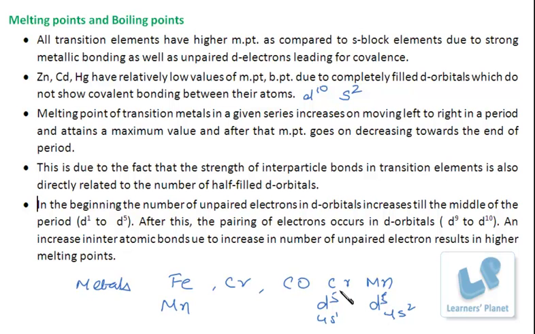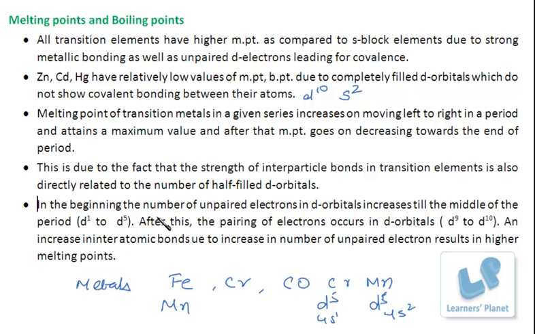So what happens is the melting point increases, it attains a maximum value and then it decreases. Say in case of the 3d series, chromium has got the maximum value of the melting point. This is due to the fact that strength of interparticle bonds in transition elements is directly related to the number of half-filled d orbitals.